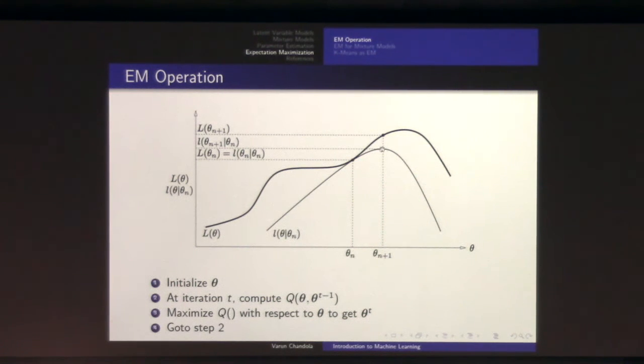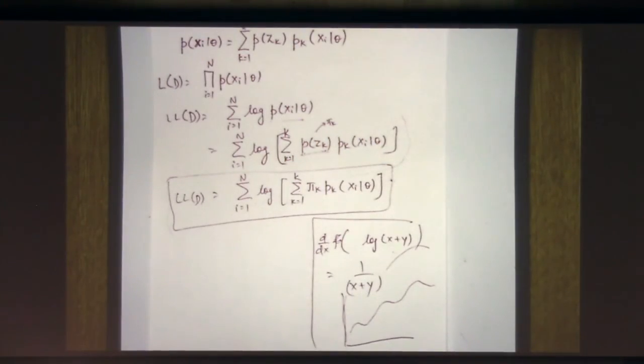Now when you reach this point, you jump up because you know this point, and then you again find another convex function there, and then you jump up, and so on. That is the basic principle behind expectation maximization, and it is based on a very interesting principle called Jensen's inequality.